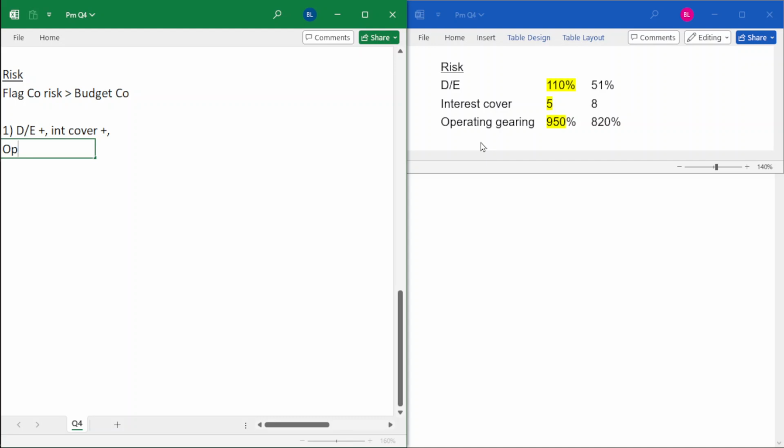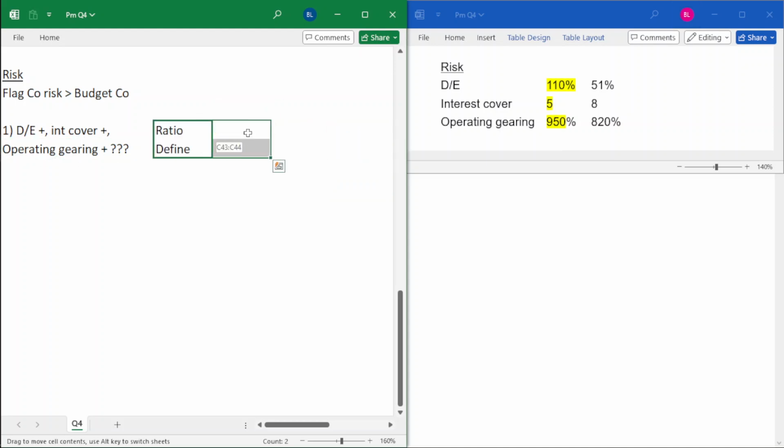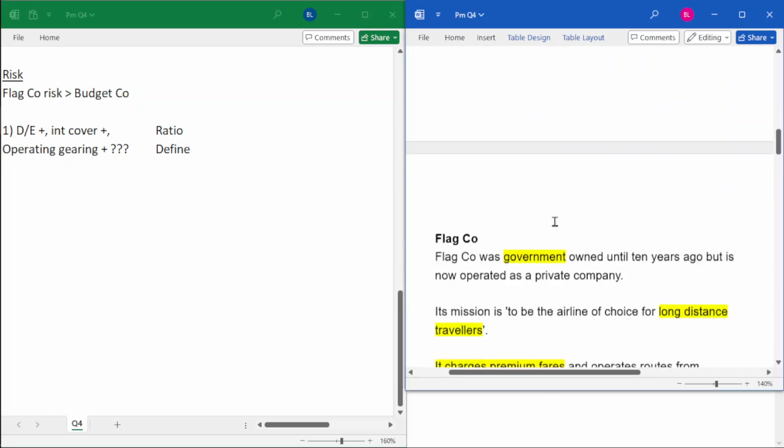What is operating gearing? Okay, so let's remember the steps. First step we put the ratio, then we need to define. So how do we define operating gearing?